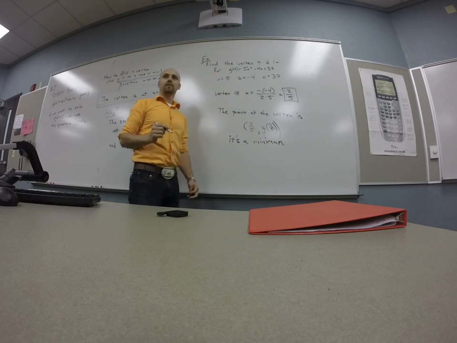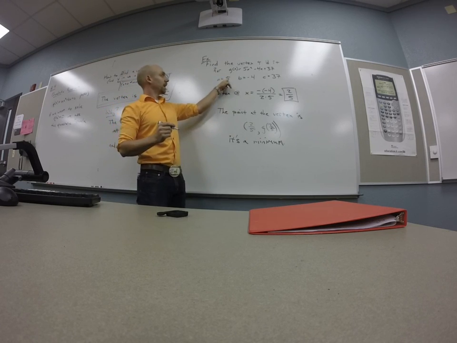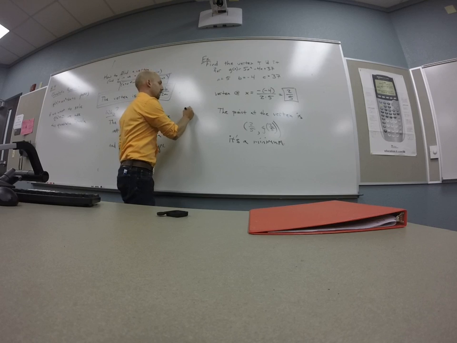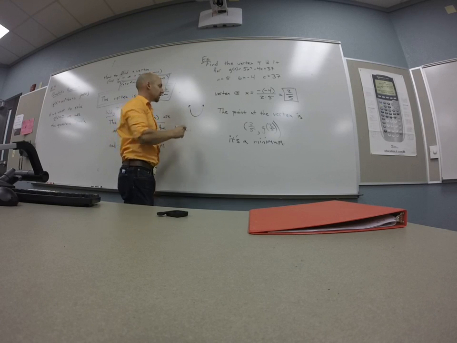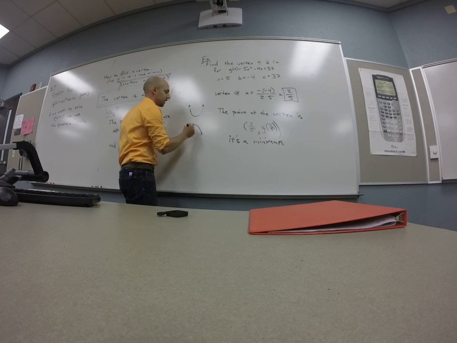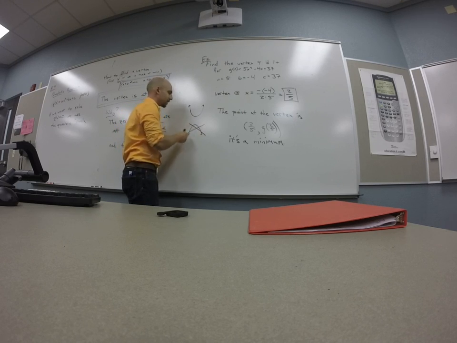How do you know that already? Because A is positive. Okay, which means it looks like this, which means that this is the bottom. If A was negative, it would look like this, and then it would be a top. But I know it's not that because it looks like this.